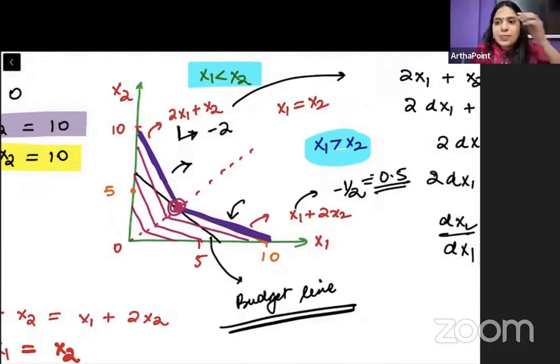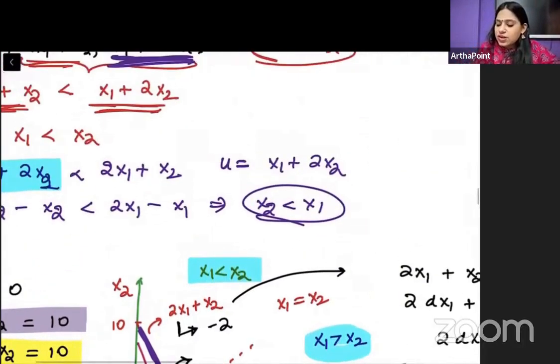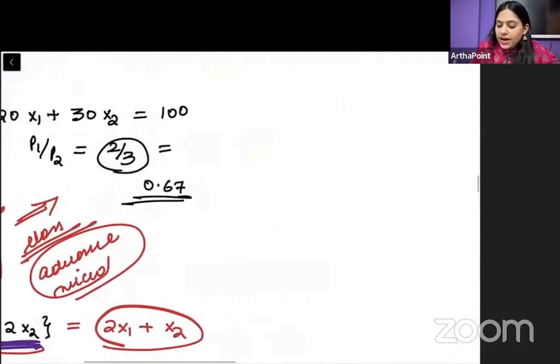line. And what is the property of this kink? The property of this kink is that x1 and x2 are equal to each other. So since x1 and x2 are equal to each other, I can go back to my budget line and say 20x1 plus 30x1 will be equal to 100.